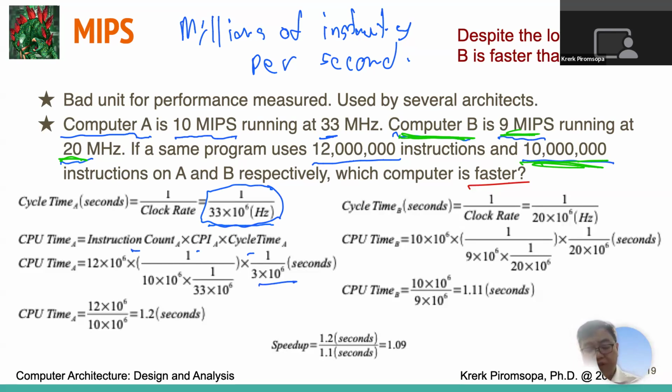We already got the cycle time. And this processor decides to tell you about CPI in MIPS. 10 MIPS means 10 million instructions per second. You have to convert to how many cycles it takes to run a single instruction. So it's 10 million instructions times the cycle time, 1 over that, which gives you the CPI.